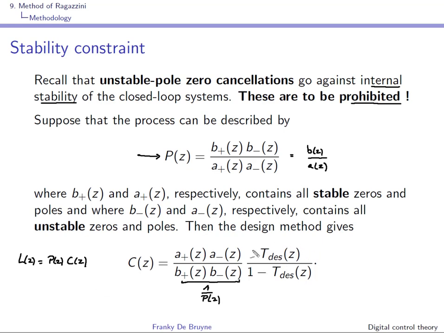If we do not impose anything particular on the desired transfer function, we have a danger of unstable pole zero cancellations over here and over here, right?